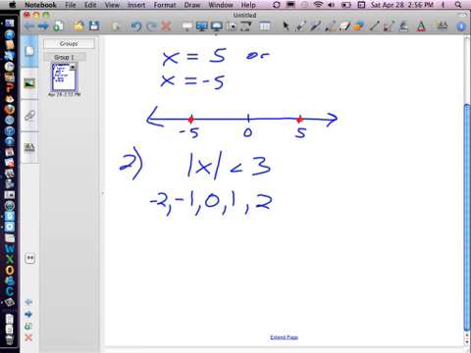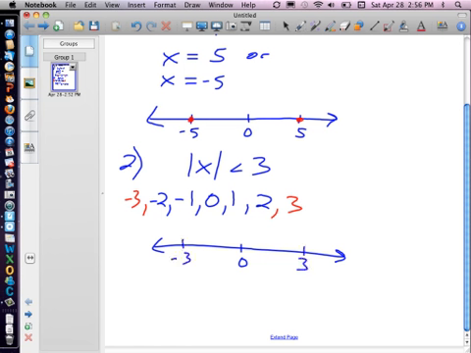So our boundaries, once we talk about every number, including halves and decimals and things like that, are negative 3 and 3, but they're not included. So we would graph it like this. Let's put a 0 here, put a 3, put a negative 3.